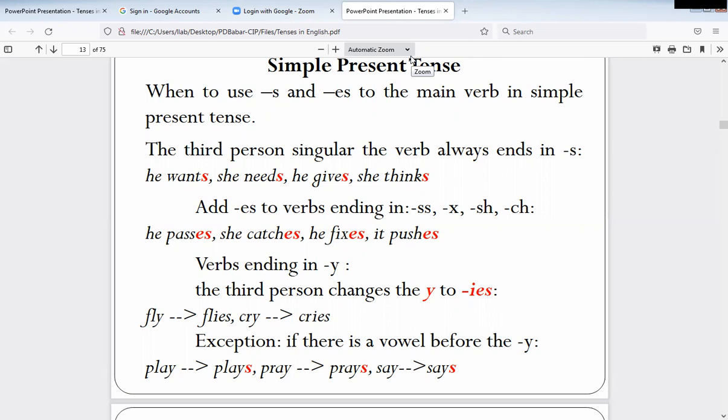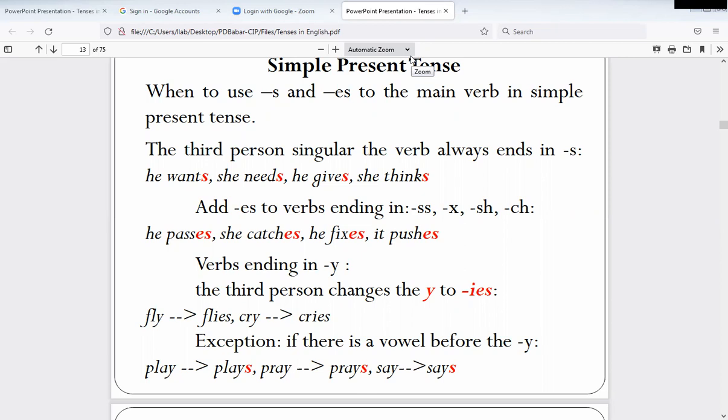If we are using fly as a verb after I, we, you, or they, it will remain as it is. So I fly, you fly, we fly, they fly. But if we are using it after he, she, it, then it will become flies. He flies, she flies, it flies. So this is the simple trick that we are using.